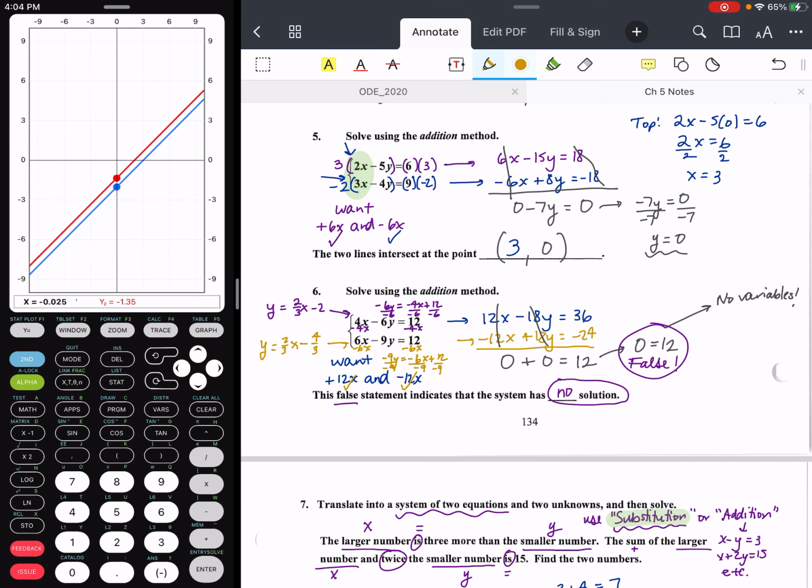I've got parallel lines, right? I've got two lines that have the same slope, positive 2/3, but two different y-intercepts. So where do they intersect? They never intersect. So because they never intersect, and our solutions are intersection points, that means our system has no solution. There's no intersection point.